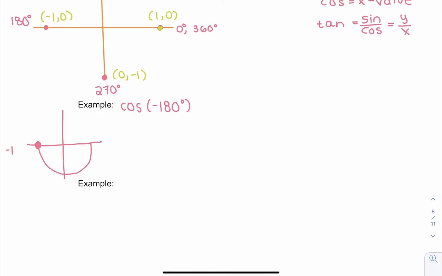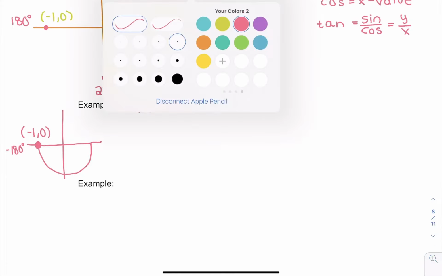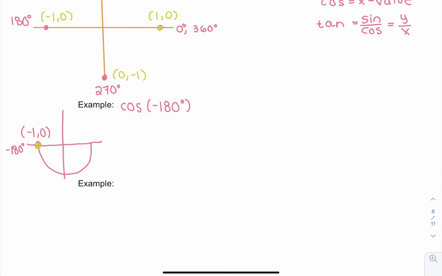Here's negative 180 degrees. And this point, remember, if I look at my graph up top, is negative 1, 0. I need cosine. So at this point now, it doesn't matter that it was negative. It just matters I'm right here. That's all that matters. And what this is asking me for is what is the x value right here? Well, the x value right here is negative 1, which means that cosine of negative 180 is negative 1.